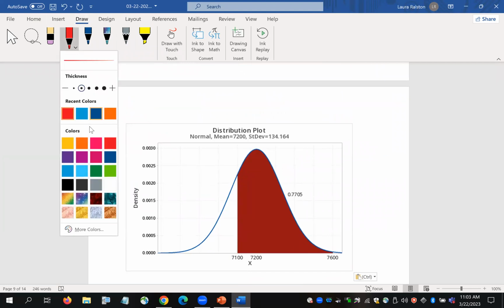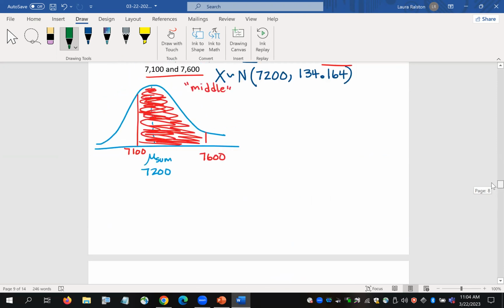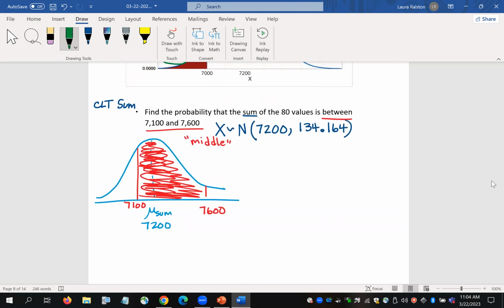Again, what you're looking for is this decimal value that's hanging out in space over the red shaded region. So I have 0.7705. So this red shaded region is 0.7705.